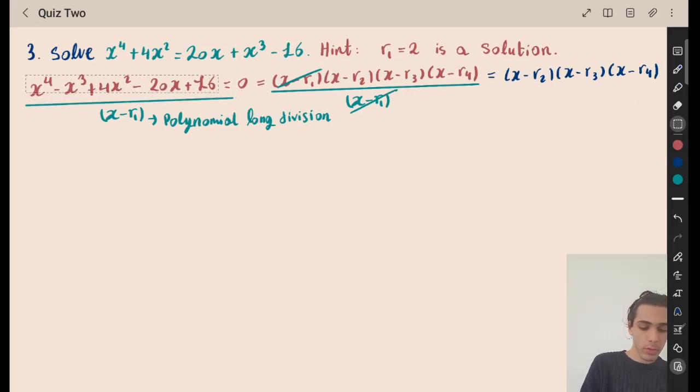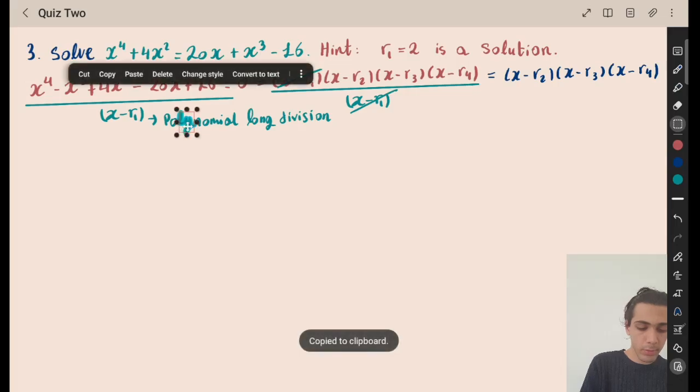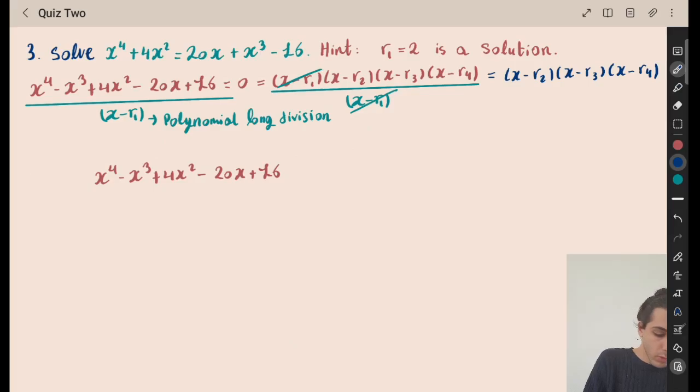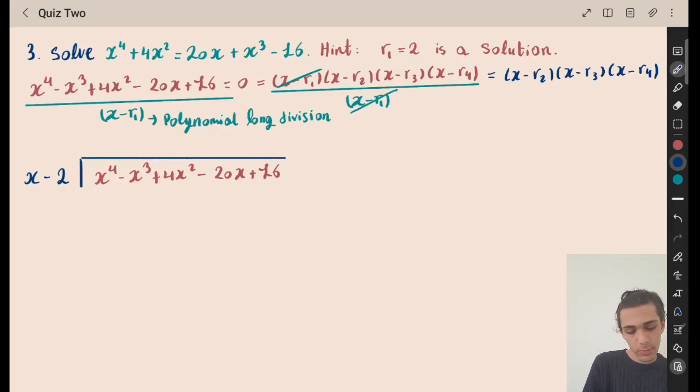So I will set up the division now, and I'll divide by x minus 2, which is the first root. And now x times what gives you x to the 4th? It's x to the 3rd.